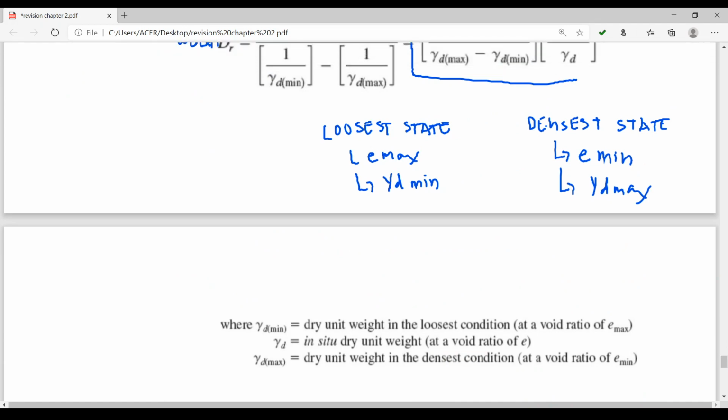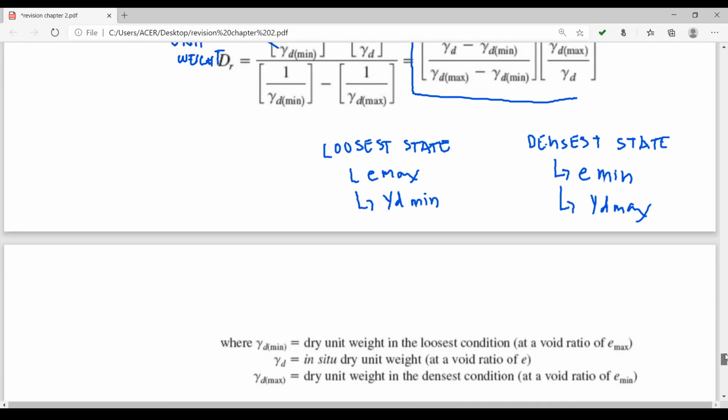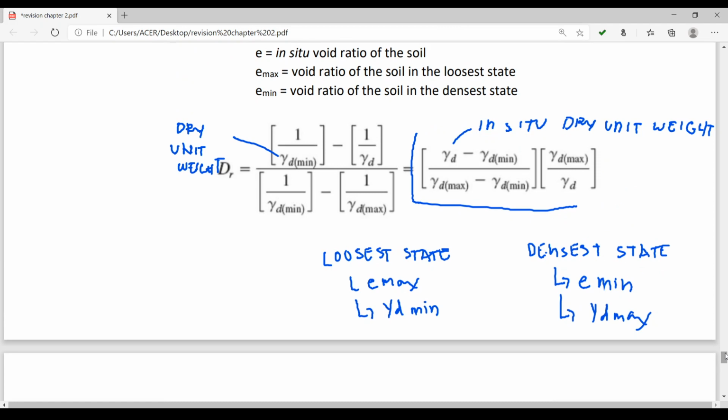Ito po yung difference ng void ratio and your dry unit weight. So for your loosest state, you will have your Emax, but you will have your YD min. Kasi nga, the more compact your soil is, the higher your dry density or dry unit weight. The more compact your soil is, mas liliit yung void ratio niya.